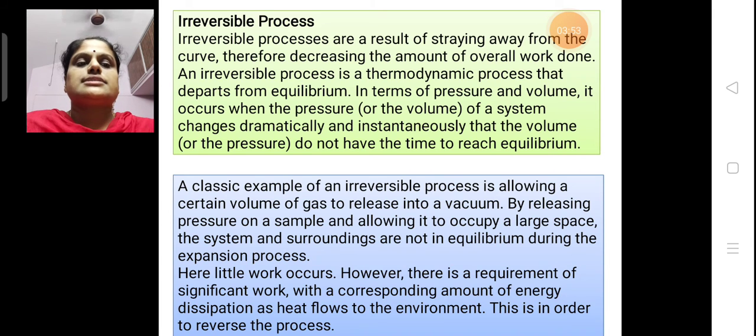However, there is a requirement of significant work with a corresponding amount of energy dissipation as heat flows to the environment. This is in order to reverse the process. In short, an irreversible process cannot be brought back to its original state.